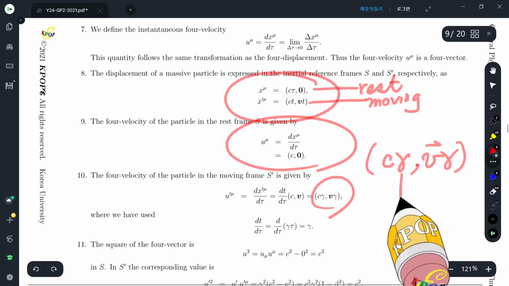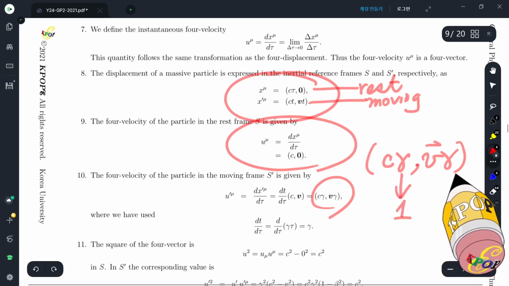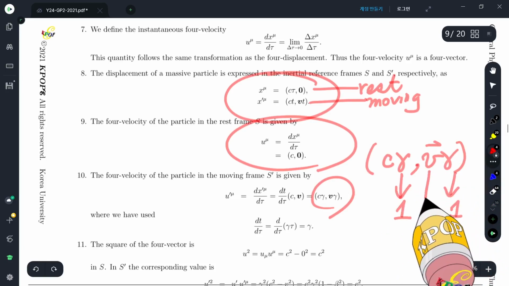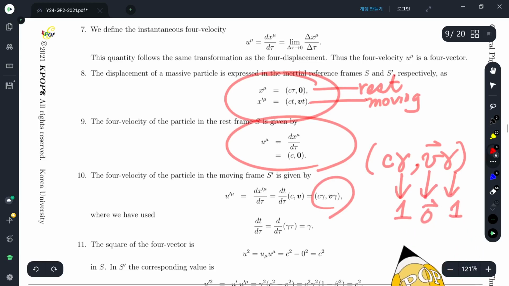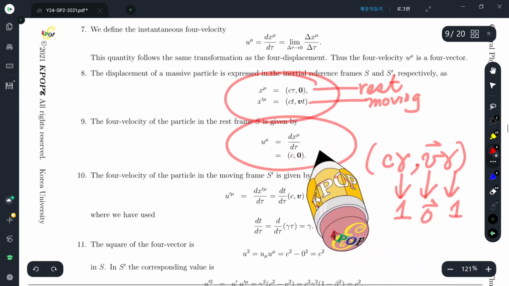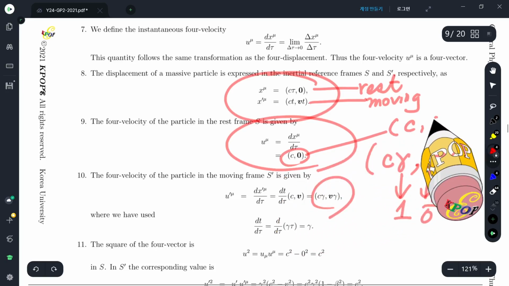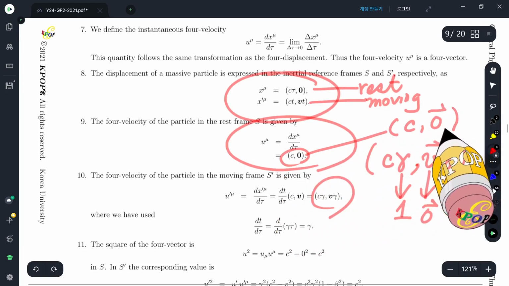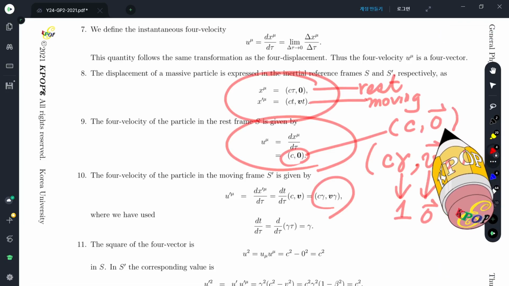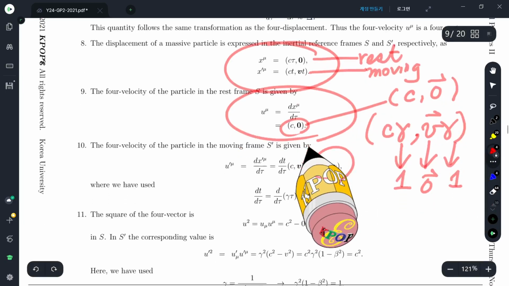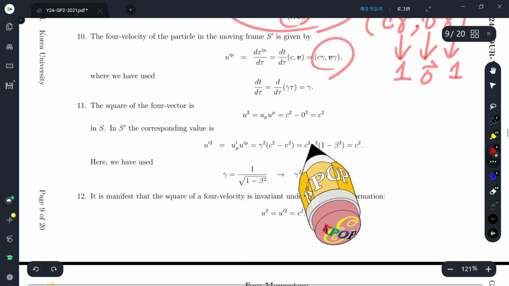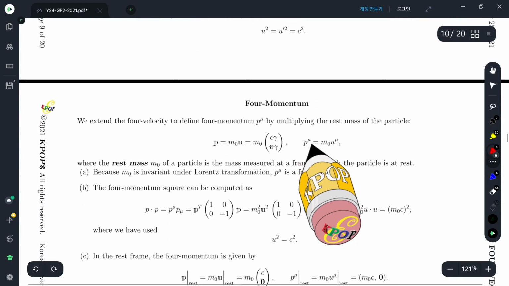In the rest frame, gamma reaches 1 and v reaches 0. Therefore, in the rest frame, this four velocity is a trivial four vector, c comma 0.